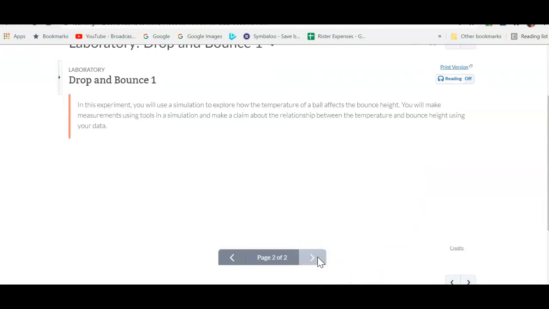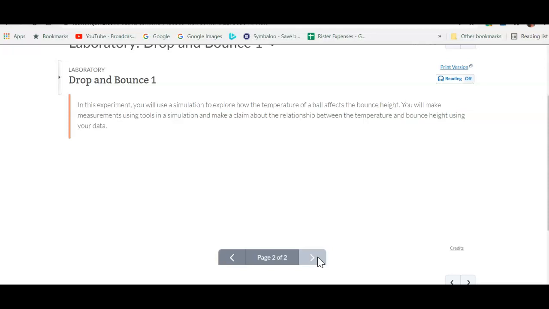And in this experiment, you will use a simulation. That means we're watching almost like a video or a cartoon image of this happening, and we're getting our data from that. And so if you had your own bouncy balls and your own materials, you could do this on your own at your own house. But most of us do not readily have those available.